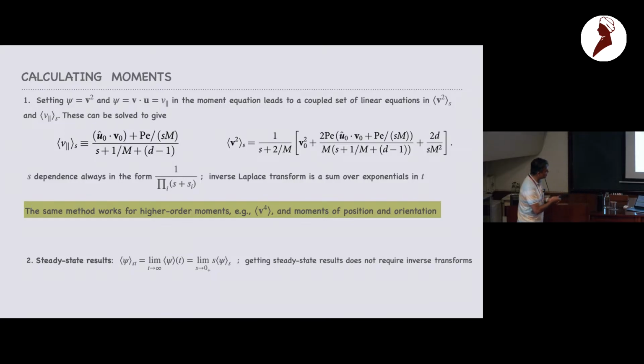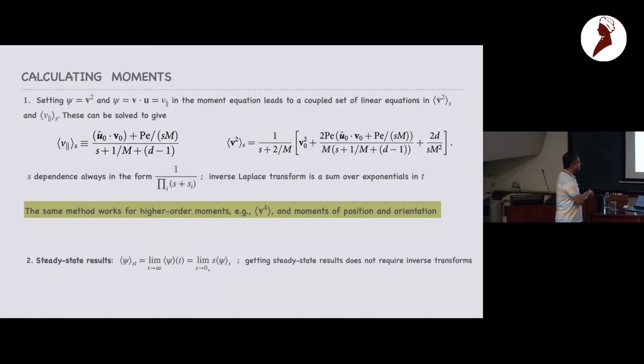Notice that all the terms that come about have a form like 1 by s plus some s_i, constants which depend on the parameters of the system. As a result, the inverse transform will have exponentials, of the form e to the power minus s_i t, in real space. So one can perform the inverse transform and get the time dependence of these quantities as well.